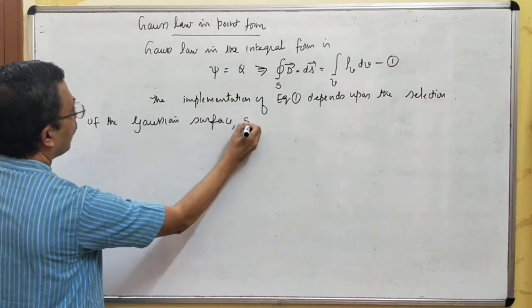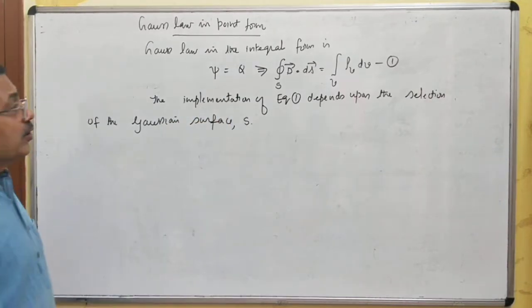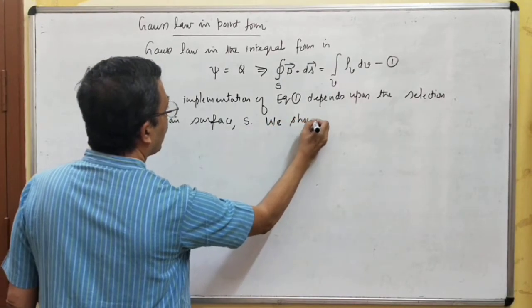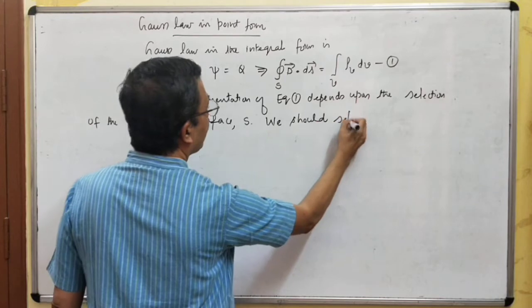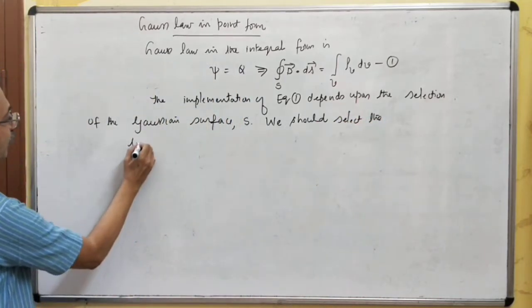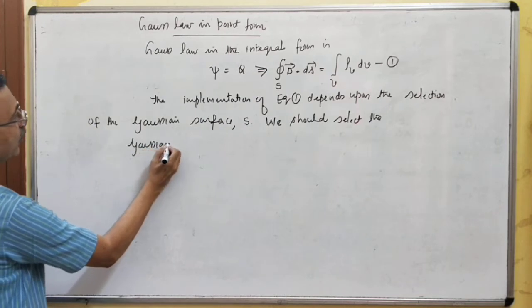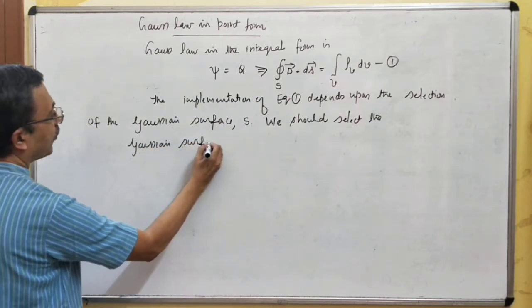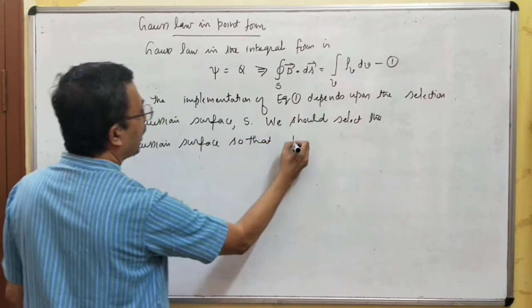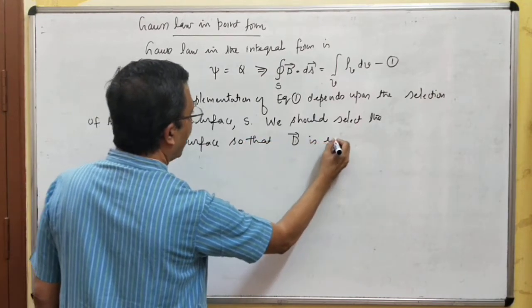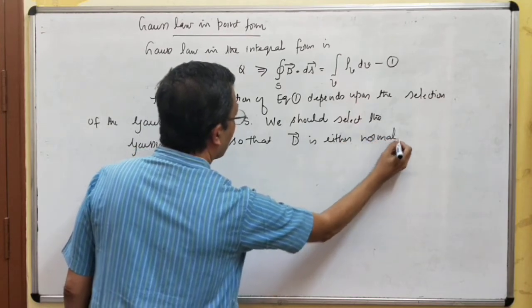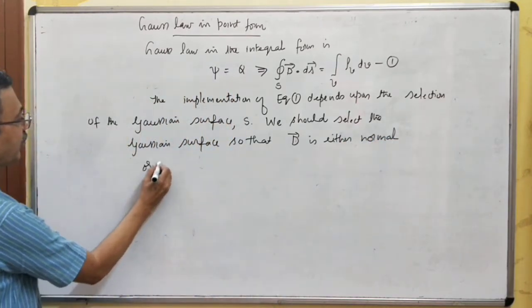We should select the Gaussian surface so that vector D is either normal or tangential to it.